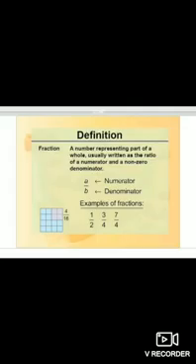The definition of fraction is a part of a whole. A fraction is written as the ratio of a numerator and a non-zero denominator, a by b, where a is the numerator and b is the denominator.